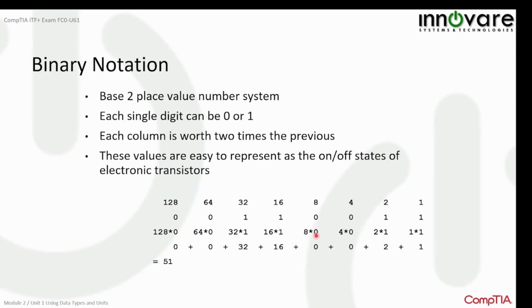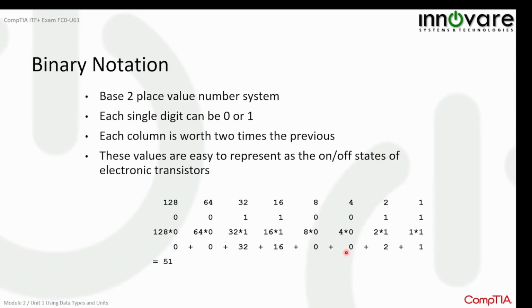Now let's say we have a binary of 0, 0, 1, 1, 0, 0, 1, 1. How is it being interpreted or calculated? 1 times 1 is 1, and then 2 times 1 is 2. And then at 4 there's a binary 0, so 4 times 0 is 0, and 8 times 0 is 0.